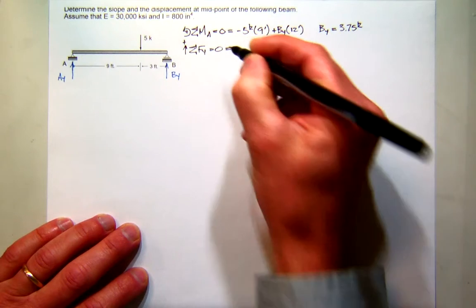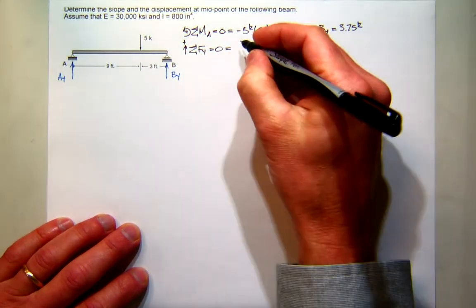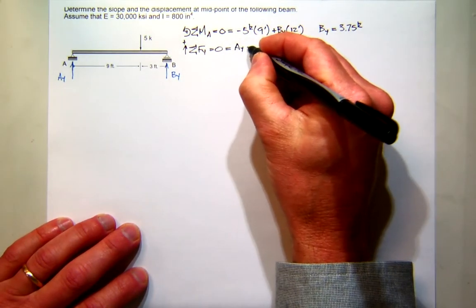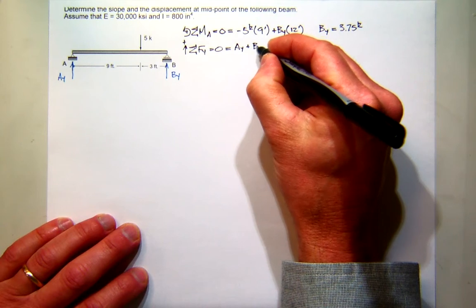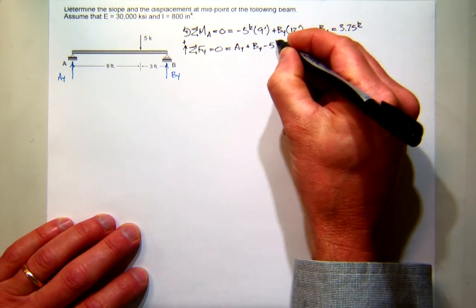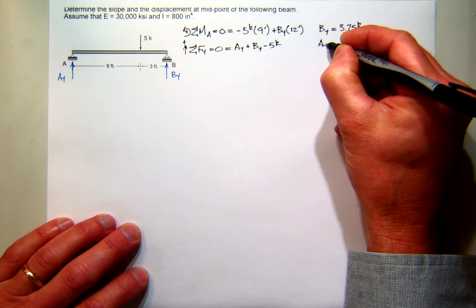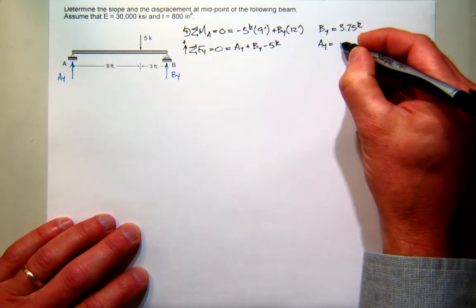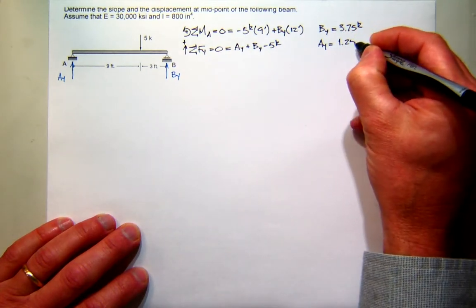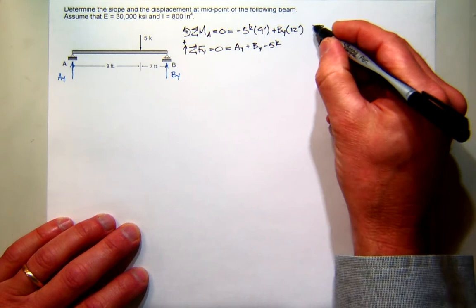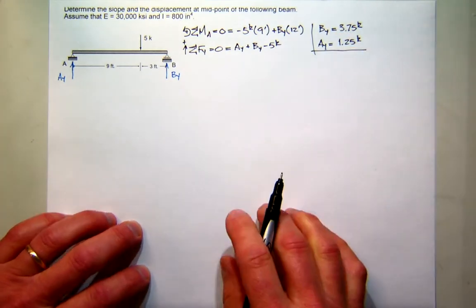I'll assume up is positive. So I've got AY plus BY minus 5 kips. And since I know what BY is, then I can find AY, and it looks like it's 1.25. So there's my reactions.